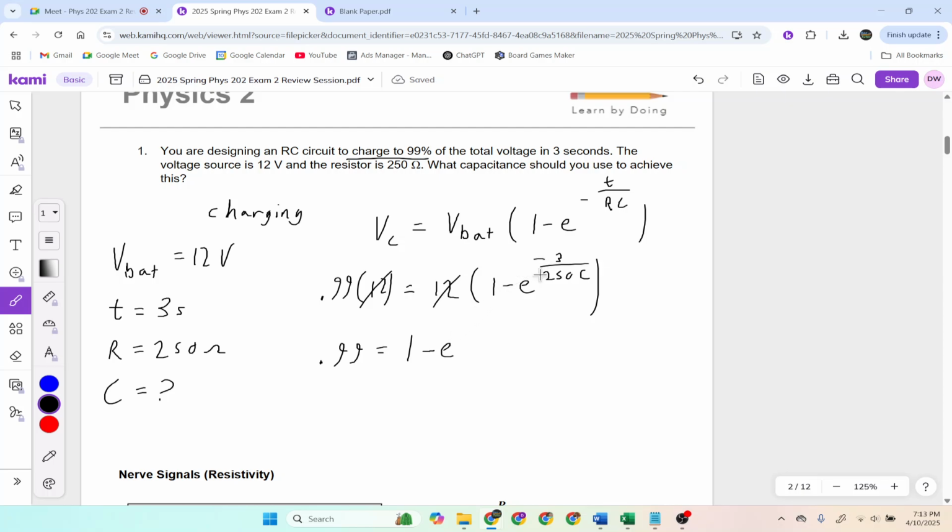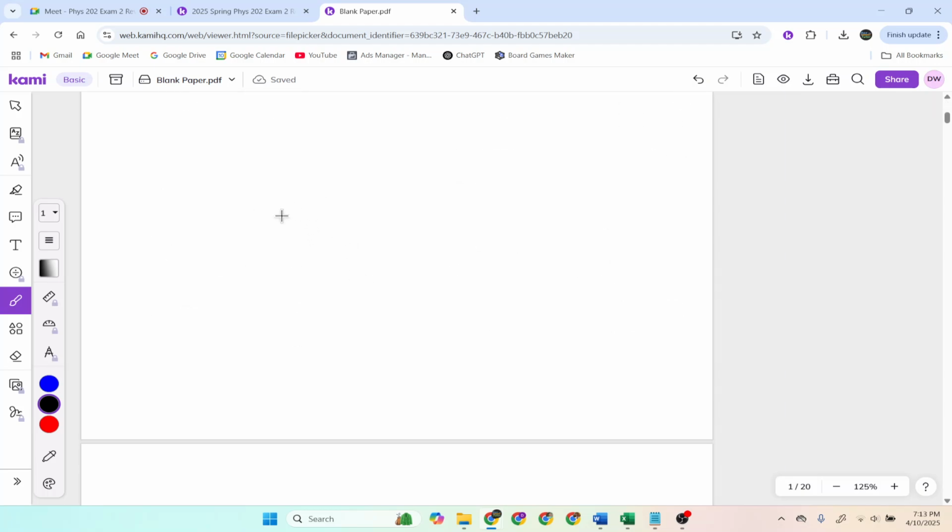I missed a negative sign here, sorry. And then the rest of this is just algebra. I subtract 1, that gets me negative 0.01 equals negative e to the negative 3 over 250C. I need to go on fresh paper because I'm out of room already.